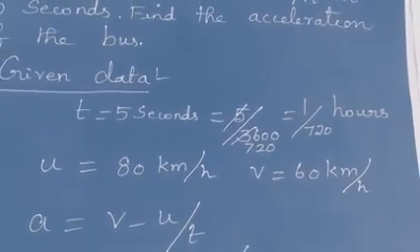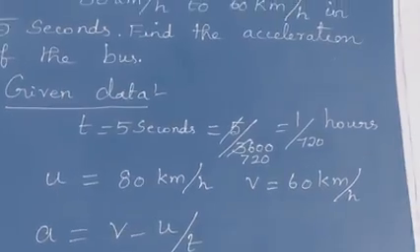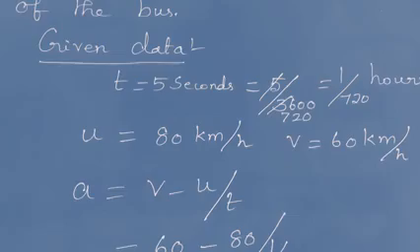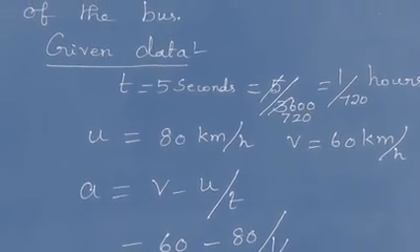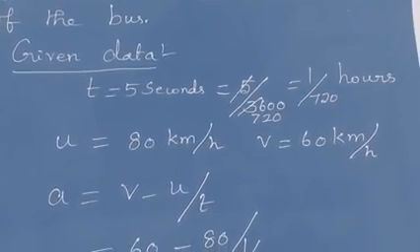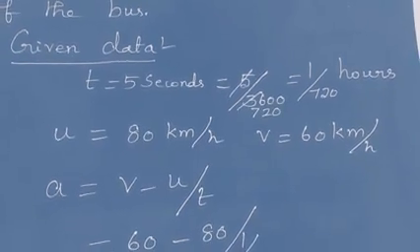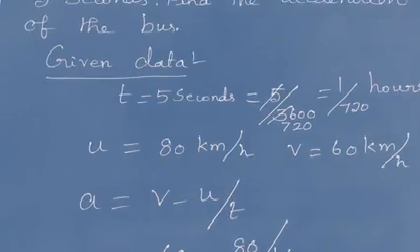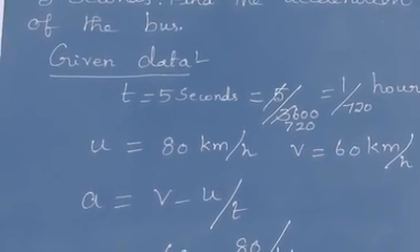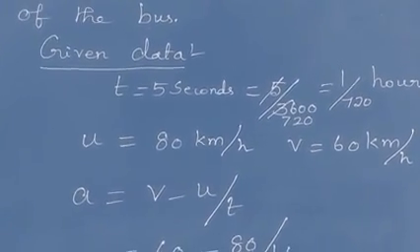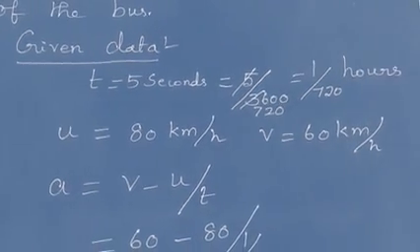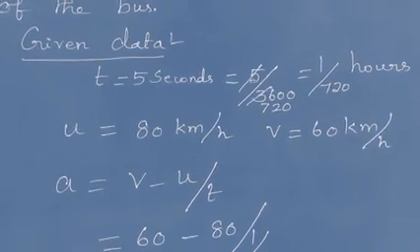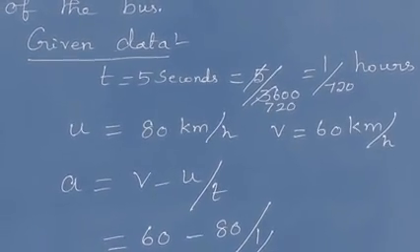Then initial velocity is 80 km per hour. That is u. Then v is 60 km per hour because the bus is decreasing its speed from 80 km to 60 km. So u is 80 km per hour, v is 60 km per hour. u is initial speed, v is final speed.